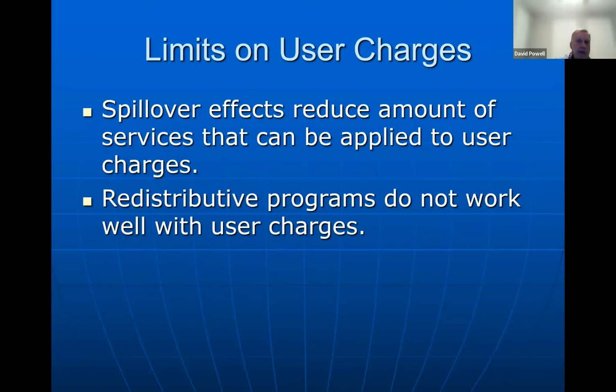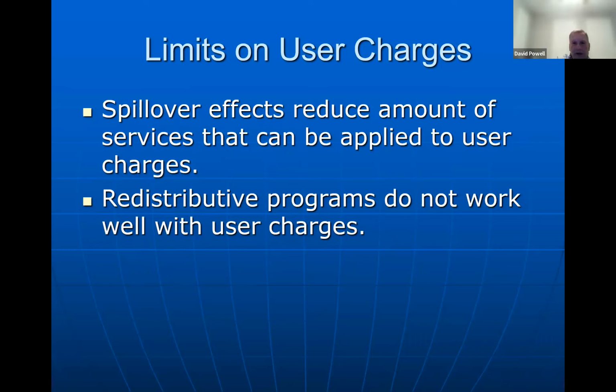We also have to remember that there are spillover effects. And so if the consumption of a service has spillover effects, externalities, as we call it in the world of economics, it's going to be less likely you're going to be able to utilize a user charge because you're going to have a lot of free riders, a lot of people who are getting benefits from this service, but they're not then paying for it.